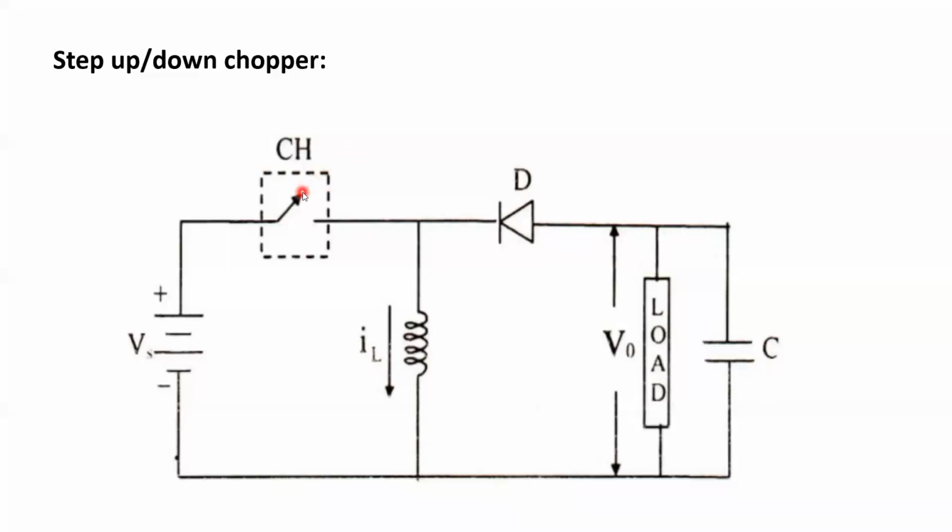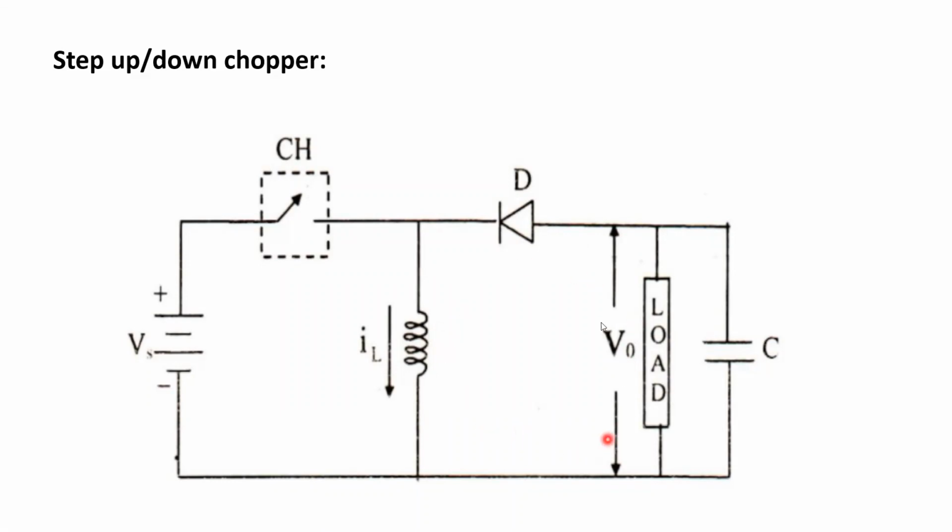When the chopper is in off condition, depending upon the inductance value, there is a possibility of getting output voltage. That means the inductance energy is going to be delivered and the corresponding current flowing path is inductance, load, and back to diode and back to inductance.